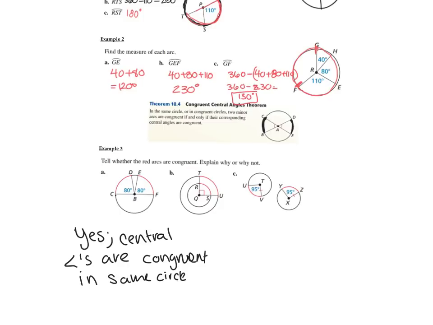So because they're not congruent circles, these two arc measures, RS and TU, are not congruent. So no, the circles are not congruent. Therefore, the arcs are also not congruent.